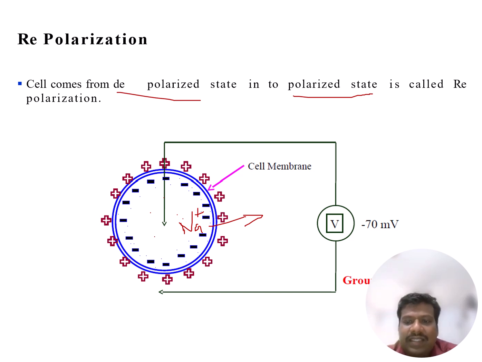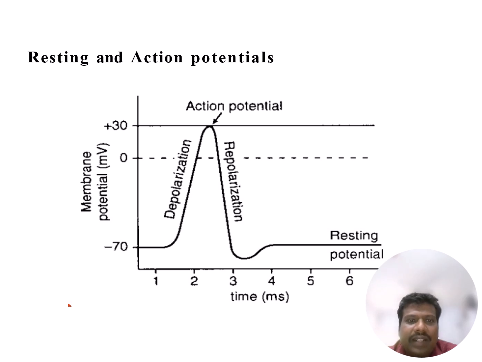Okay, I think you understood what is depolarization, then action potential, then repolarization. Initially, the cell is in resting stage. At that time, it is negatively charged inside the cell membrane, or minus 70 millivolt. When we excite the cell membrane, it becomes the action stage.